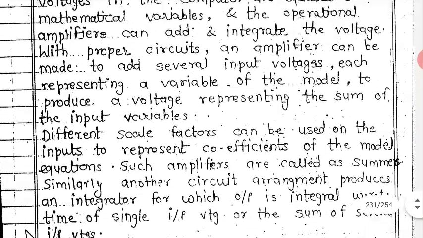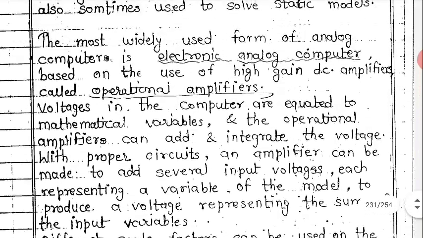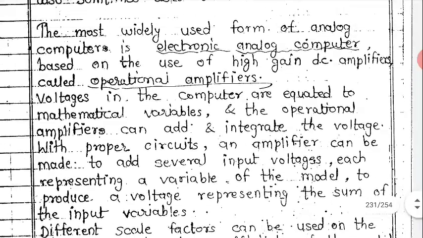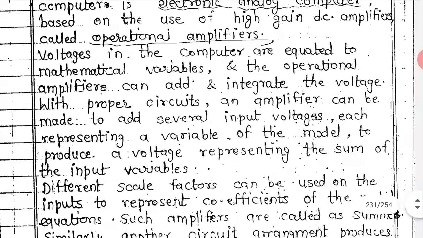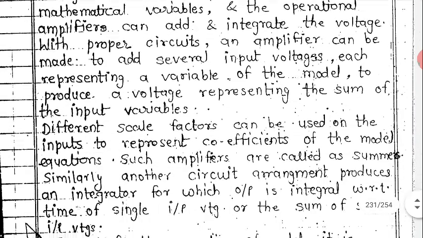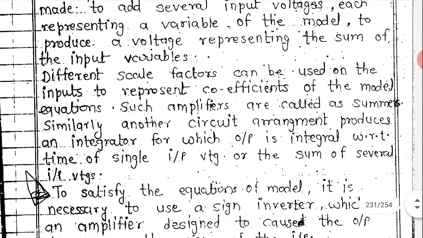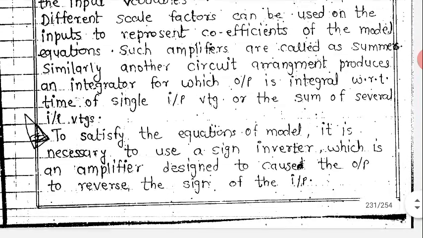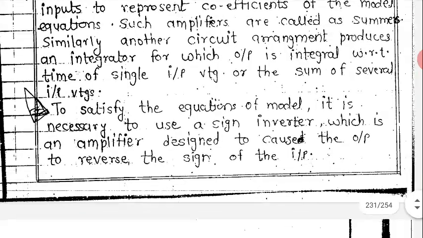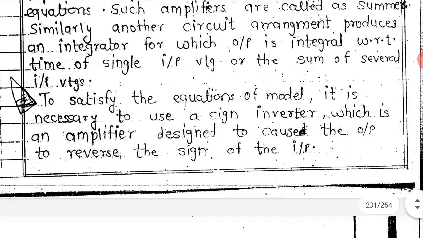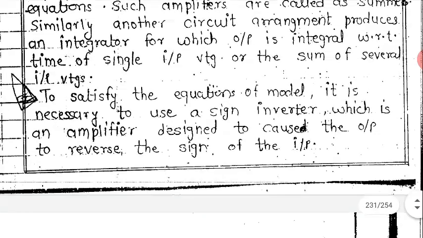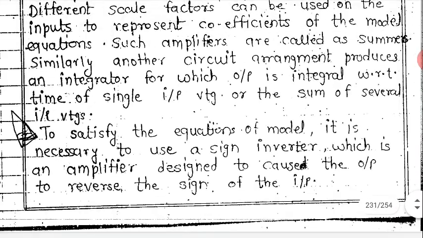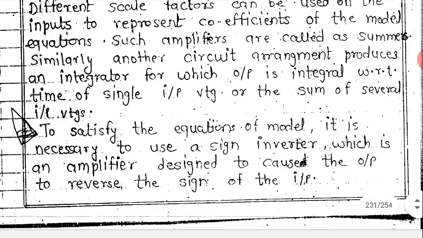Such amplifiers are called summers because they are adding the voltages which are given by the input. The circuit arrangement produces an integrator, for which the output is the integral with respect to time. So the output is changing with respect to time, and the input voltage or the sum of several input voltages.